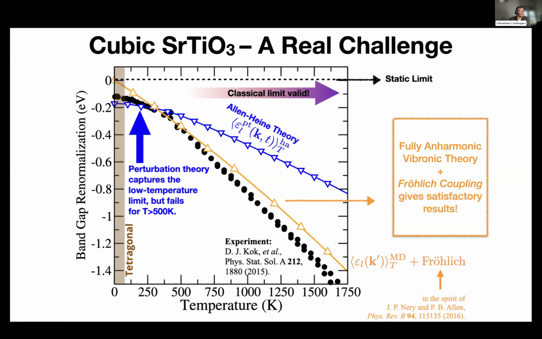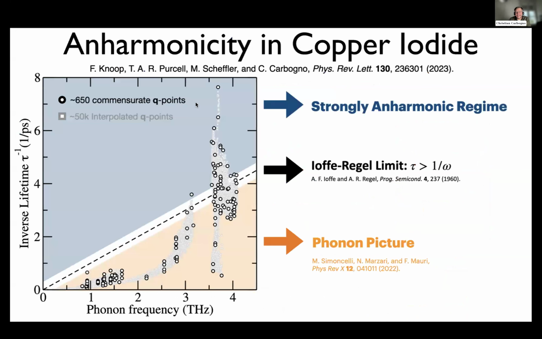We had this very nice plot here where you see the phonon lifetime that in the limit of low anharmonicity reduces to a relaxation time. Here you see the white points are directly extracted from ab initio MD and then we interpolate to a dense Brillouin zone grid that gives these smaller gray points.